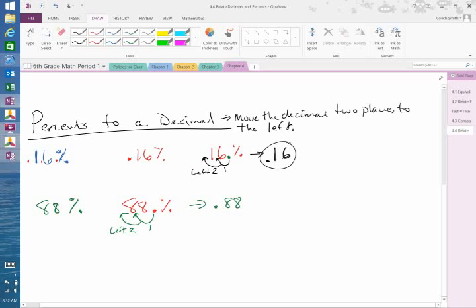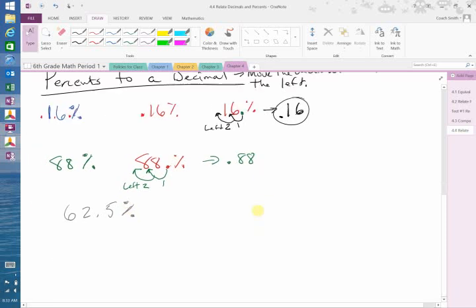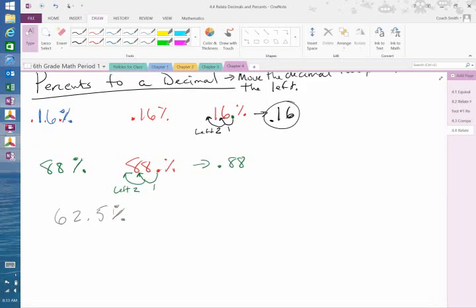Now, let's look at a couple of more difficult ones. Let's say I had 62.5%. Doesn't change. Now my decimal's actually in the number. So I still have to take the decimal and move it once, twice to the left.